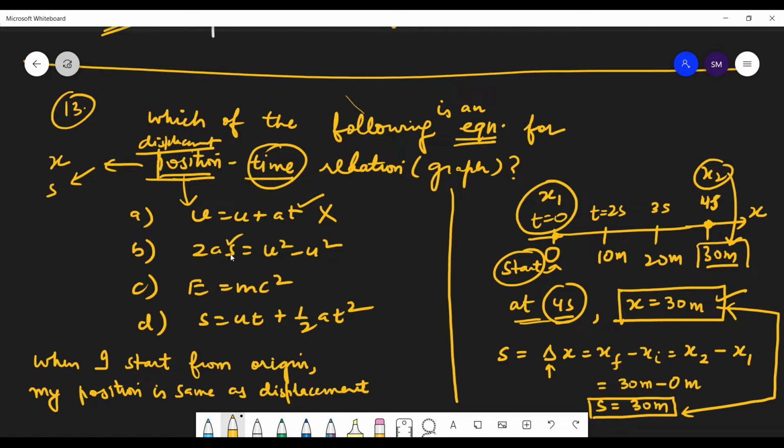No, position is not there in this equation. What about this second equation? Time is not there. What about the third equation? Position and time both are not there. What about equation number 4? Both are given. Yes, s and t both are given, so that is the correct answer.